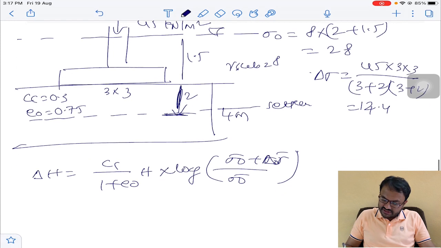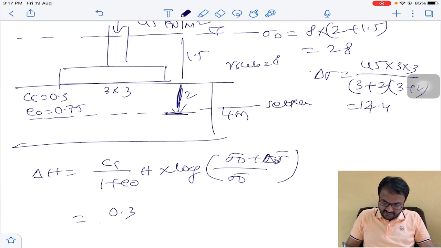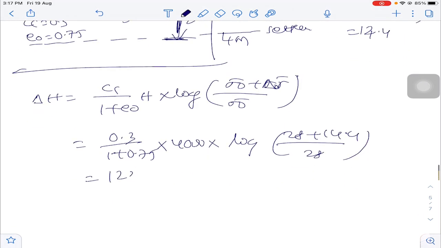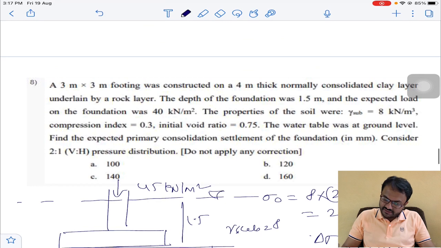So whenever you substitute in this formula, 0.3 divided by 1 plus 0.75 and H layer will be 4 meters, it is 4000, and log of 28 plus 14.4 divided by 28. You will get 123.57 mm. So the nearest option is 123.57. So option B for question number 8.